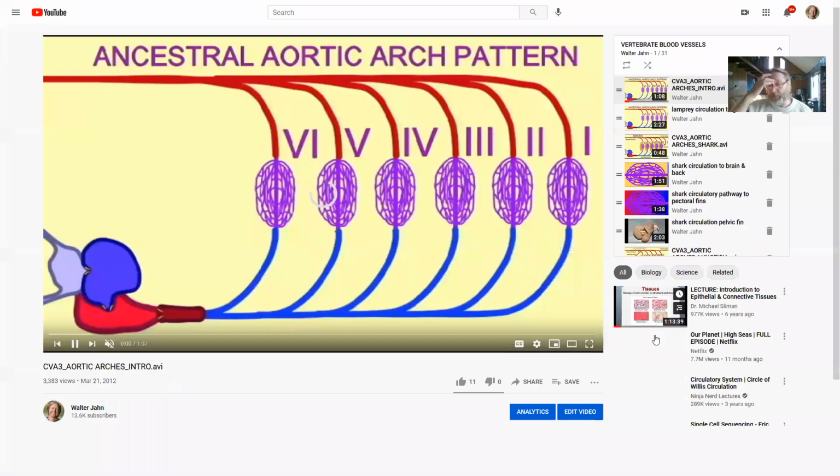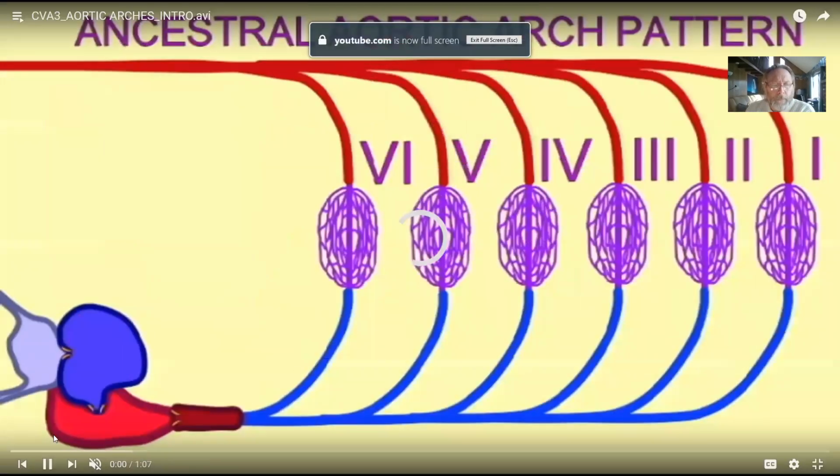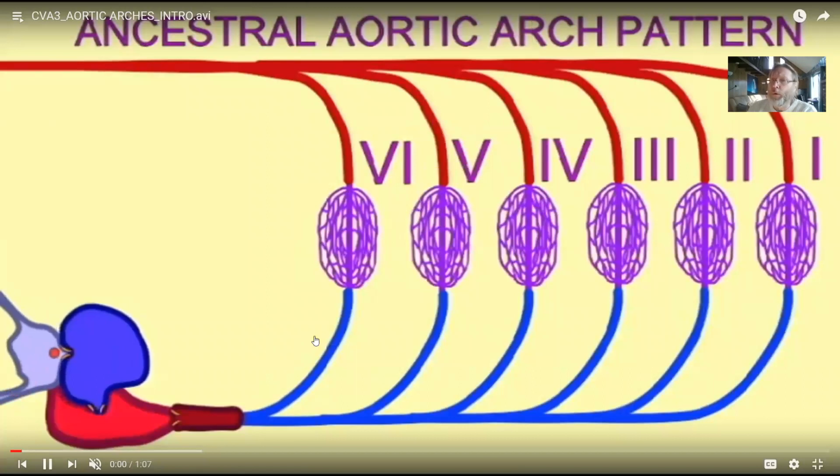Perhaps the most important set of vessels in the chordates and the jawless fish are these. And so this is a good place to start. So there is a heart. If we were to start with, say, a jawless fish, remember there are 4 chambers: a sinus venosus, a single atrium, a single ventricle, and the truncus arteriosus, at least in lampreys.